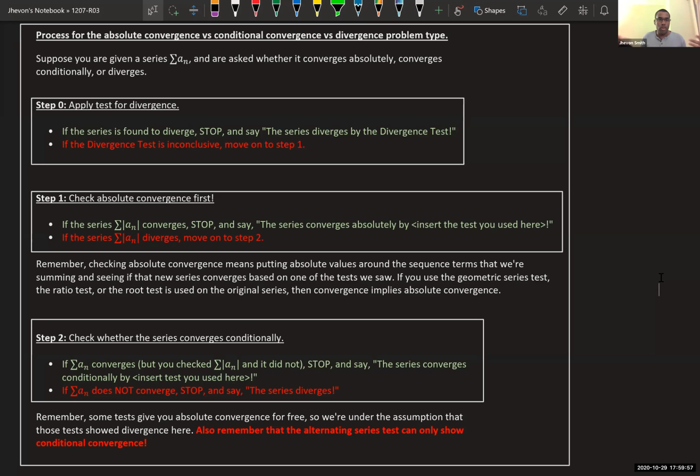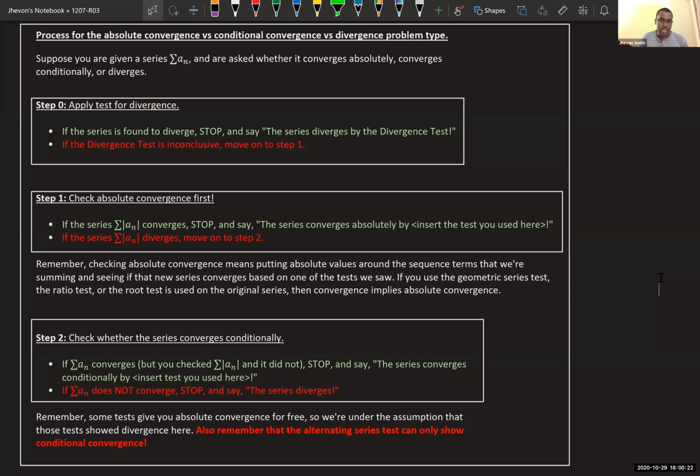If they're positive in the first place, you'll get the old series back. But potentially you get a new series, right? Then what you do is you hit that series with one of the convergence tests that I told you about as of last class, right? So you're going to test that with absolute values around it to see if it converges.